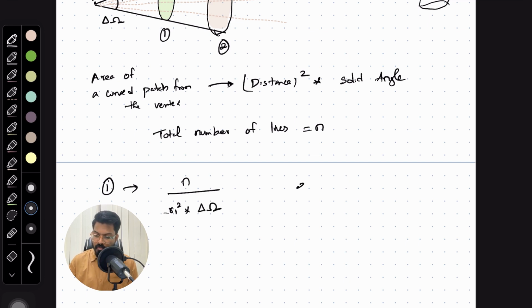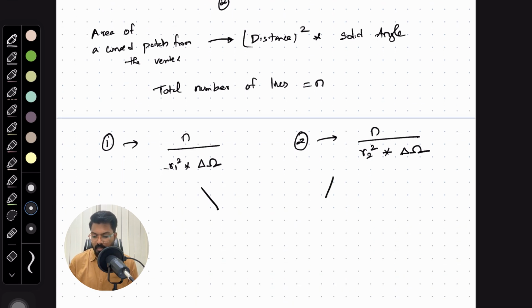It is just that the distance has increased, R2 squared multiplied by the solid angle. Now this gives me a very important thing. It is nothing but the density of lines of force.